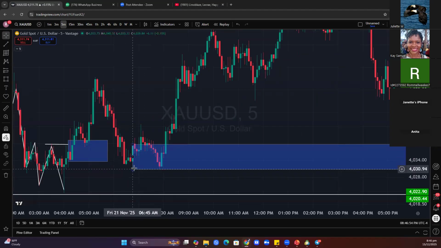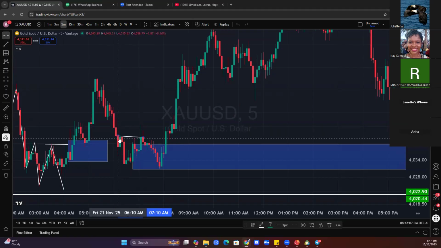So let's use here, where we had the engulfing candle up, price to here. This would have been your break above.